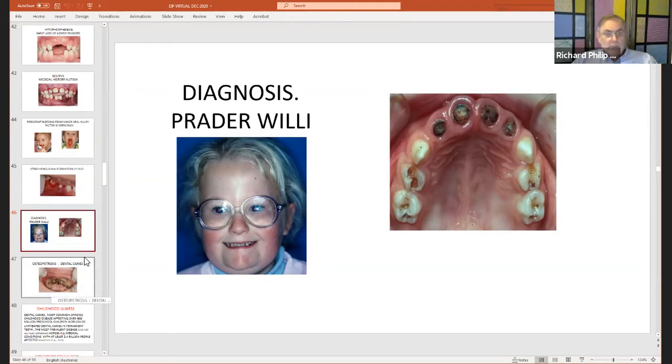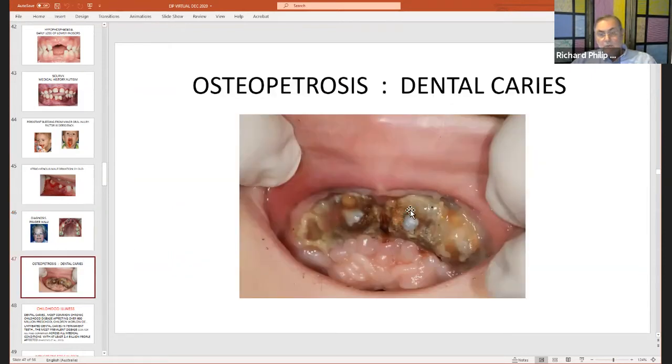This is an example of a child with osteopetrosis, dental caries, infection. He's only 2 or 3, and eventually passes away with the effects of osteopetrosis. This is equivalent to a bisphosphonate-related osteonecrosis of the jaws, where the infection from the teeth was unable to heal because of the osteopetrosis.